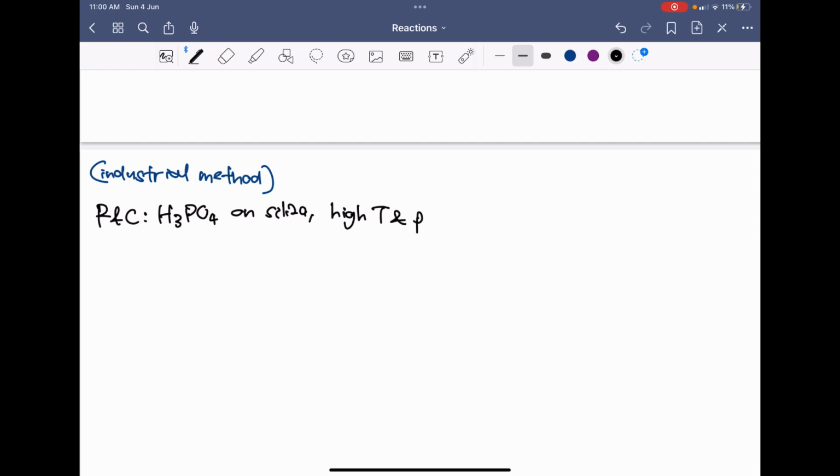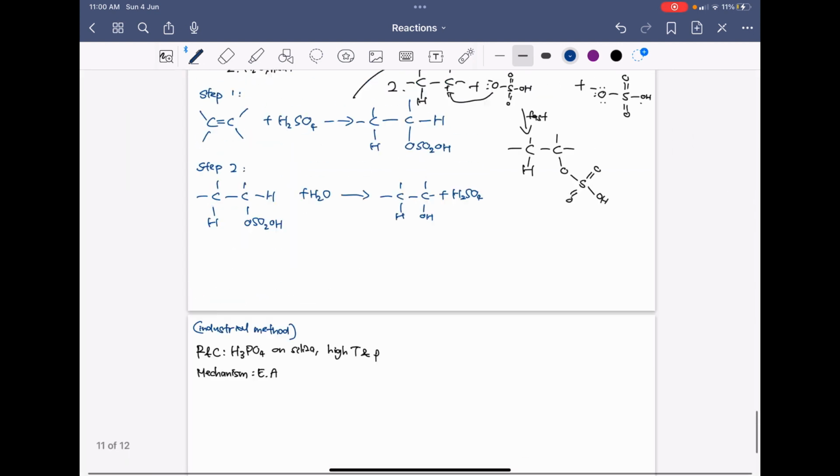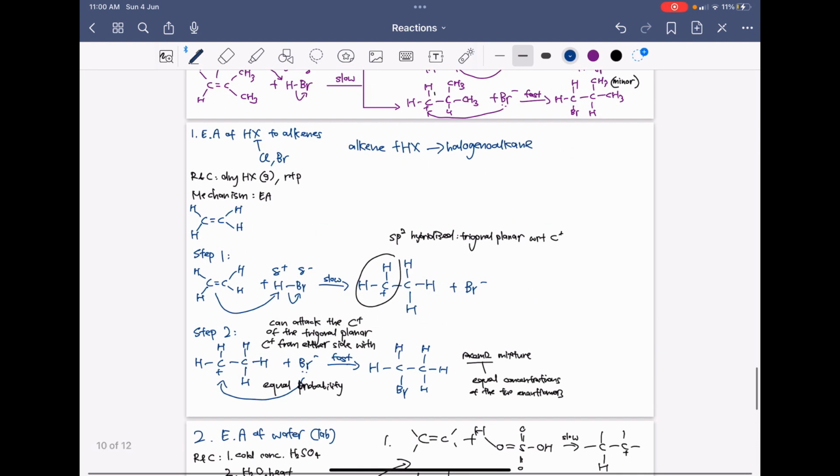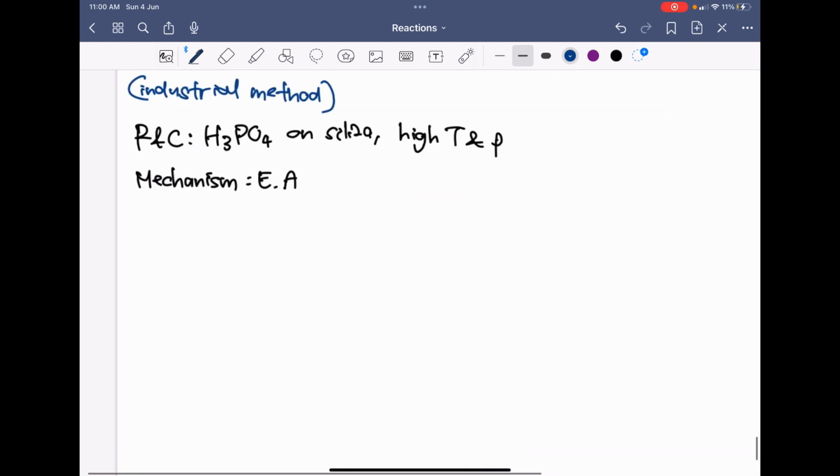We don't really have to know much about this, but we just need to know that this is also electrophilic addition. You don't have to draw the whole mechanism here because it's a bit complicated. So now we move on. We've now looked at the EA of HX, EA of water, lab and industrial method.